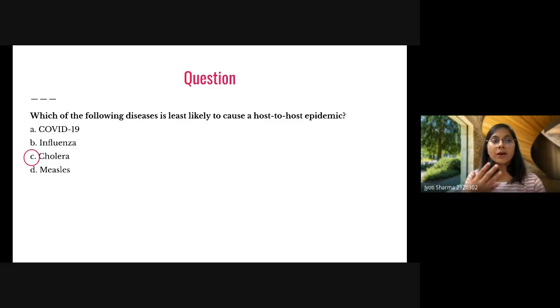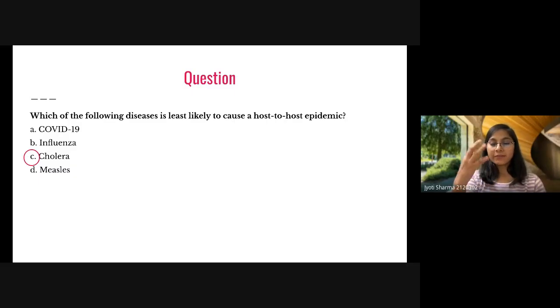For example, if one person has cholera, another person will not get cholera until the infected person secretes feces, and this feces contaminates the food or the water source, and that again causes the infection. So this is the cycle of cholera, but it is not host to host.